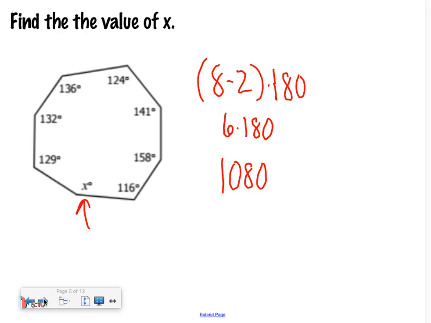So you guys take a moment, add up all those angles inside there, all 7 of them.